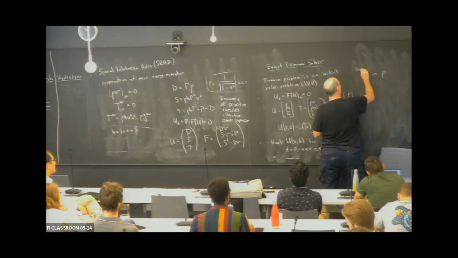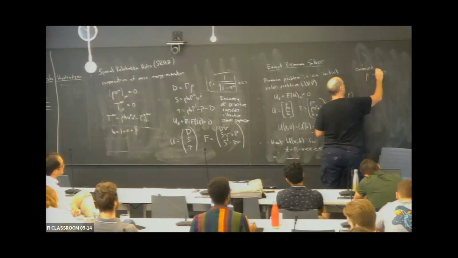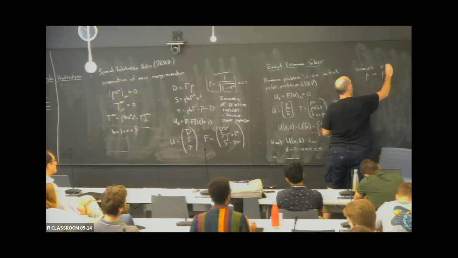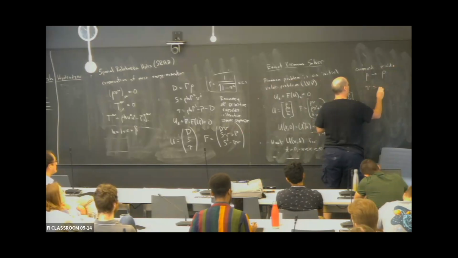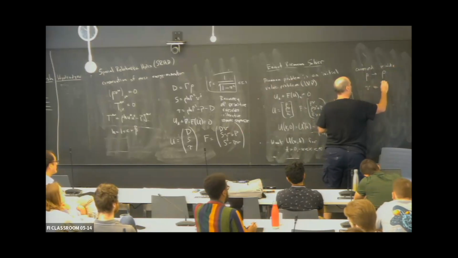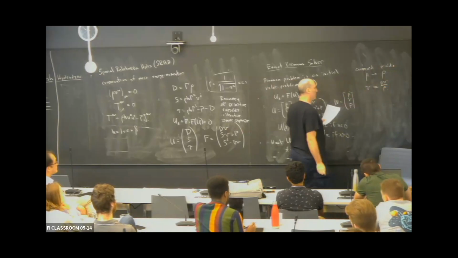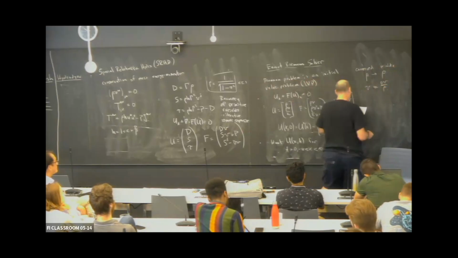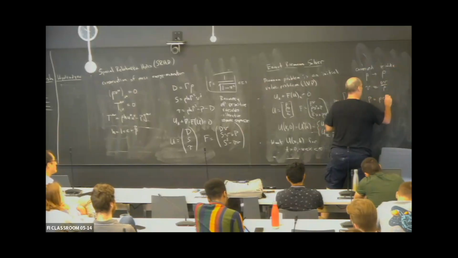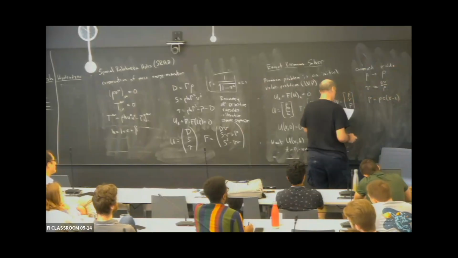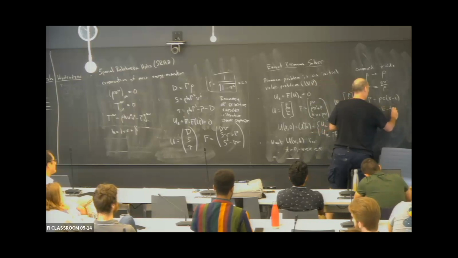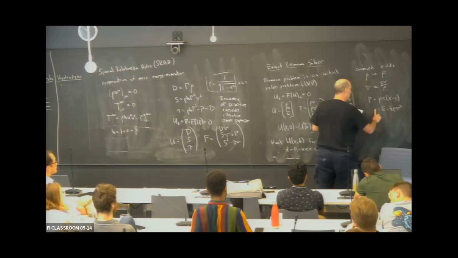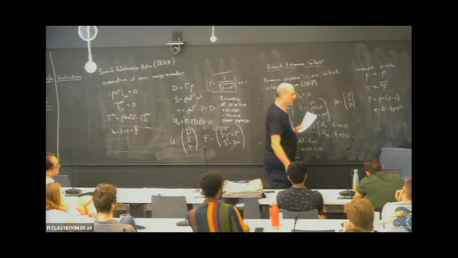Then we need v. Well, that's just the momentum density divided by the density, which gives the velocity. And then p is just rho e times gamma minus 1, and little e is just the total energy density minus the kinetic energy density. That's the internal energy density.